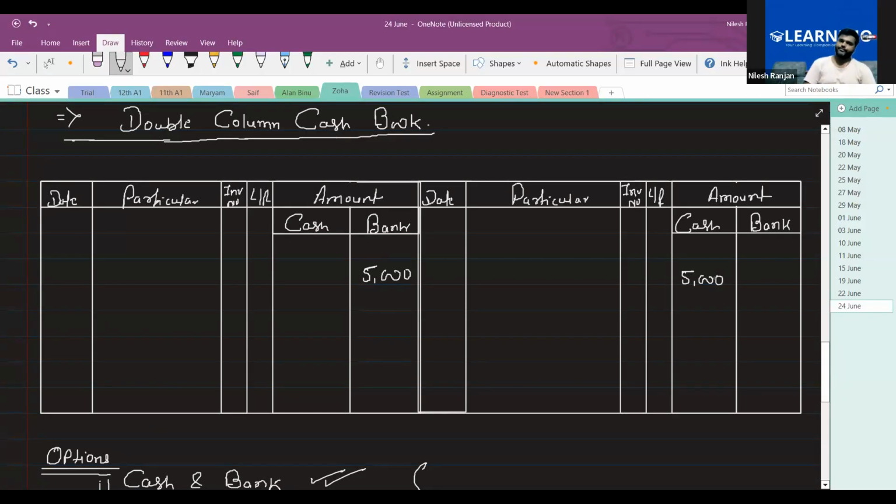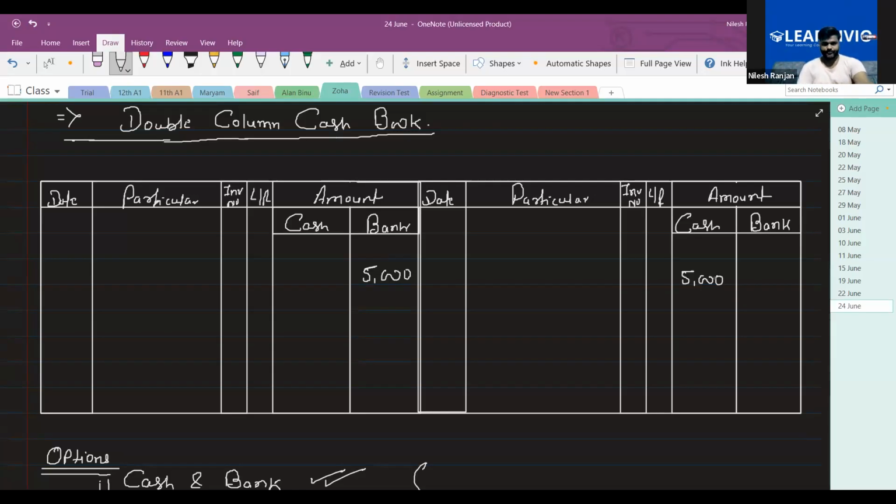Okay. First, try to understand the amount only. After that, it will become easy. If bank is on the debit side, then the amount will be written in the bank column on the debit side. If cash is on the credit, then the amount will be written in the cash column on the credit.